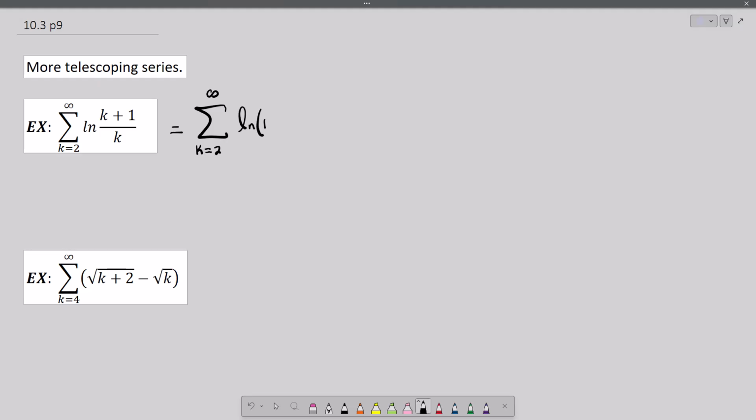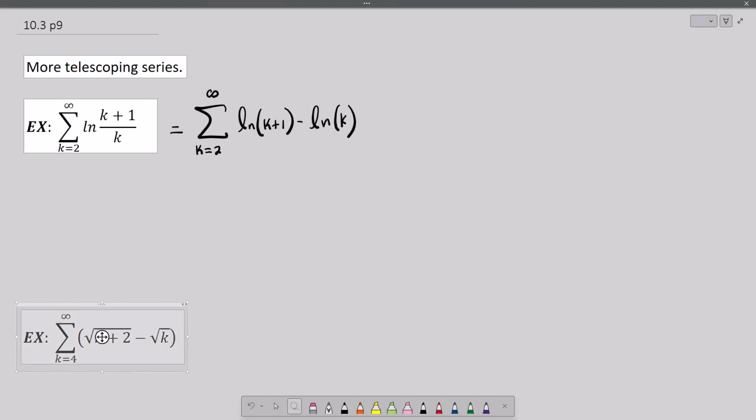So this is natural log of k plus 1 minus natural log of k. All right, so that is how we can turn it into a difference. Any telescoping series has to have a difference. That's how those terms are going to cancel out, that domino effect. All right, so let's see if we can do the same thing here.